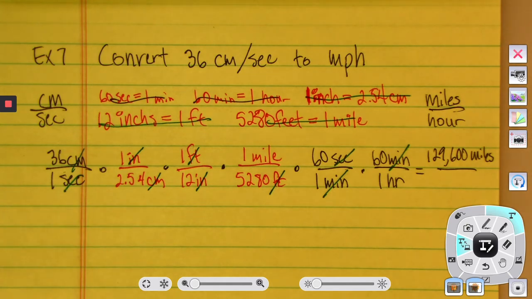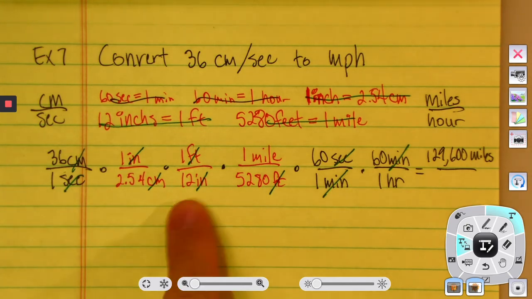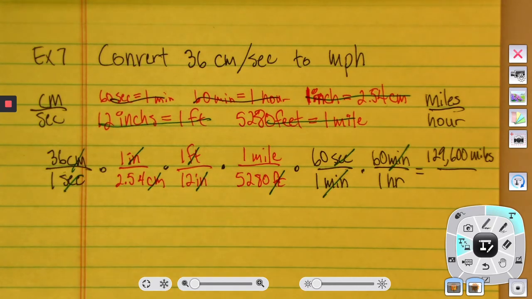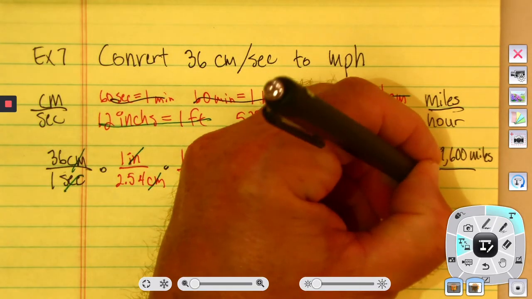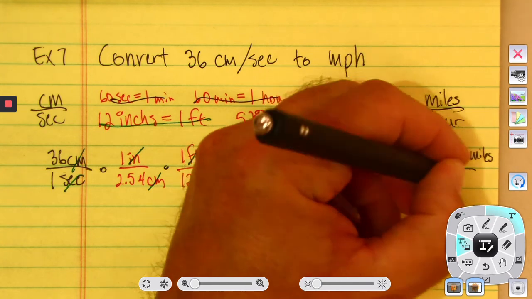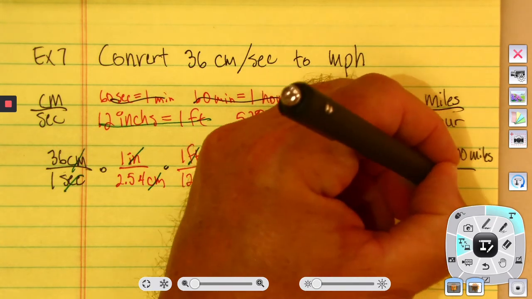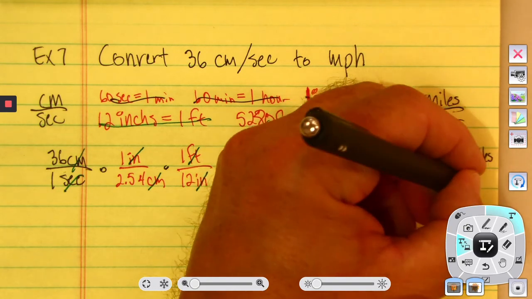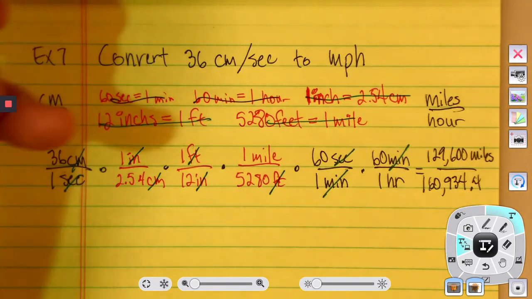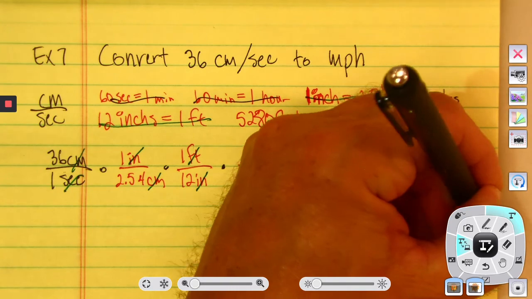So 2.54 times 12 times 5,280 times 1 times 1. And I'll get 160,934.4, and that is hours.